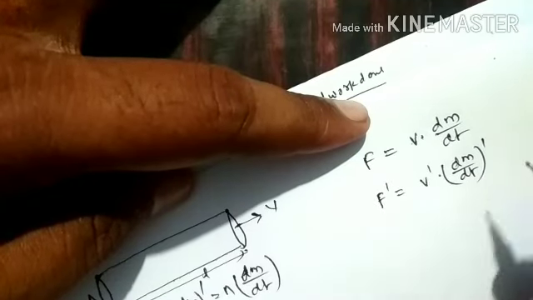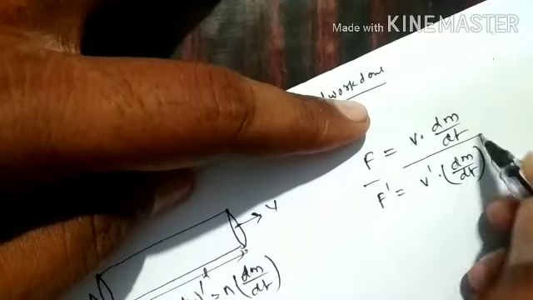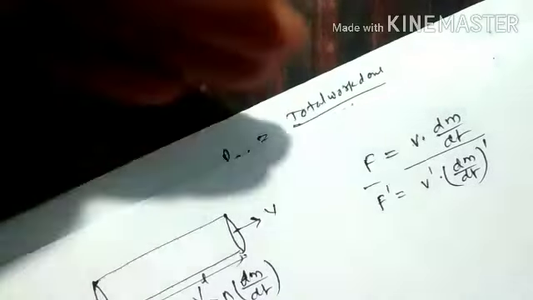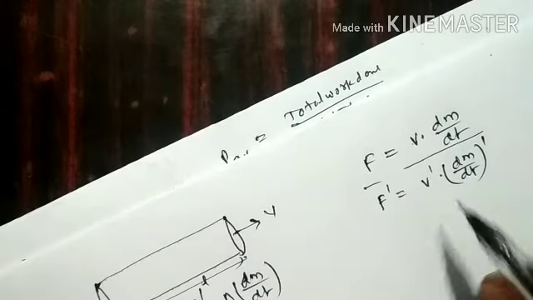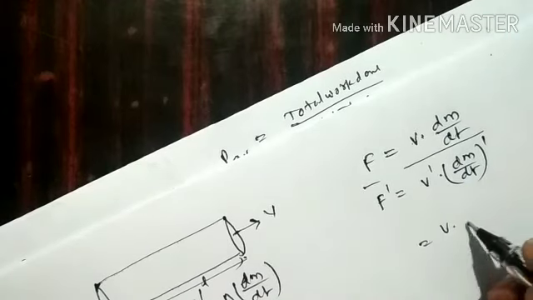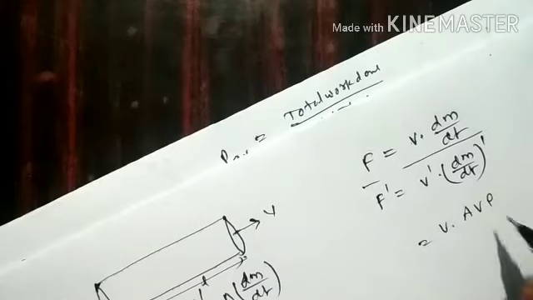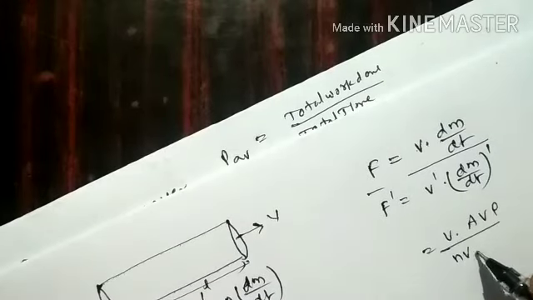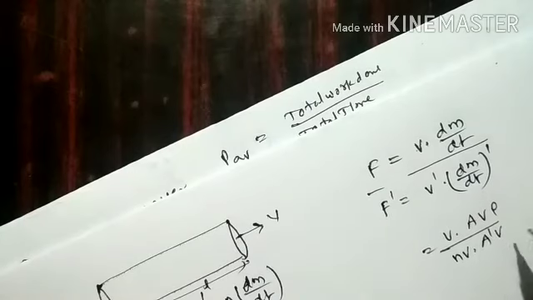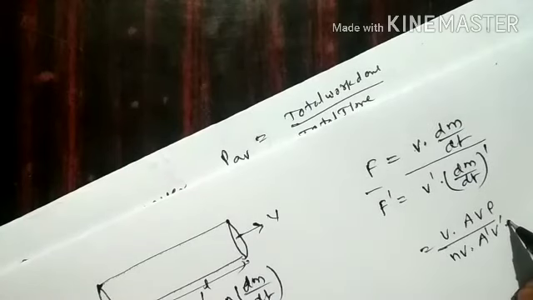Now you can divide these two and take the ratio. In place of dm by dt, I write A v rho, and similarly v dash is n v, and here also it is A dash v dash into rho dash.